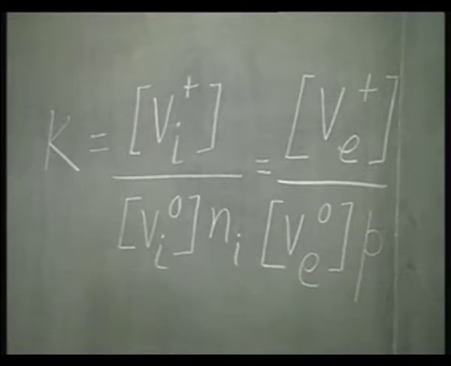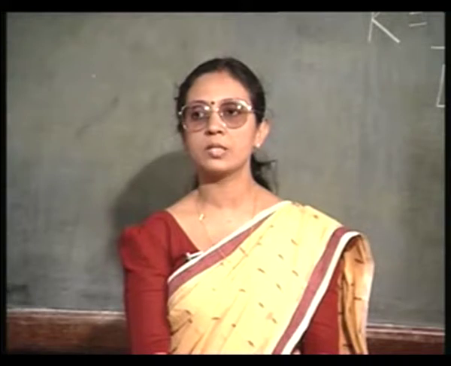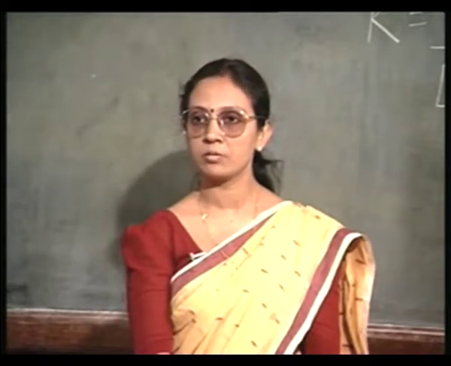Remember one more thing, that is the concentration of the neutral vacancies Vi0 and Ve0 as I have written, okay. They are going to be the same. Why? Because it depends only on the temperature. The creation of neutral vacancies is going to be dependent only on the temperature of diffusion.